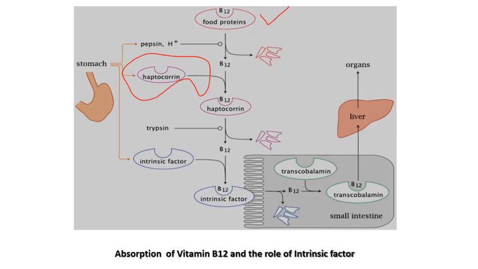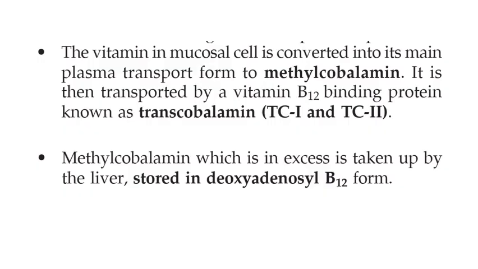Further, the vitamin in the mucosal cell is converted into its main plasma transport form, methylcobalamin. So in the intestinal mucosa B12 is converted into methylcobalamin and binds with a transport protein known as transcobalamin, which can be either transcobalamin 1 or transcobalamin 2.